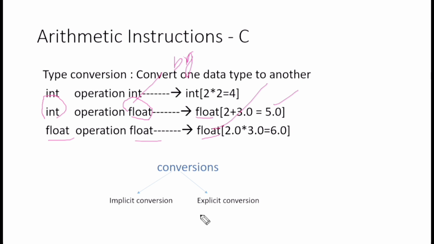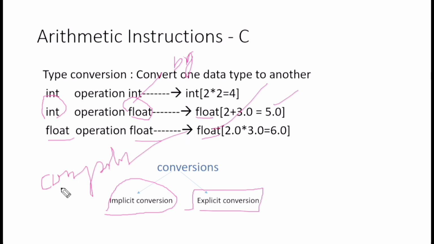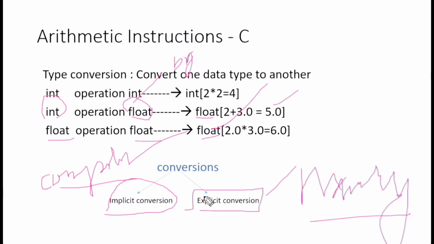So, conversions are of two types: one is implicit conversion, another one is explicit conversion. Implicit conversion will be taken care of by the compiler while executing the program. Explicit conversion will be taken care of by the programmer.